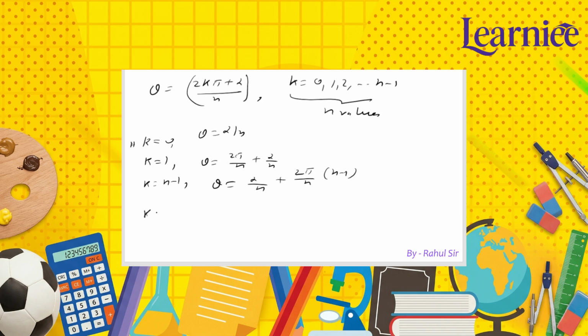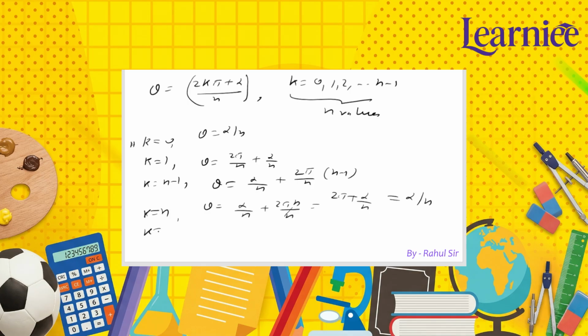When k is equal to n, then theta will be alpha by n plus 2 pi n by n, and n cancels out, so I will get 2 pi plus alpha by n. So it is essentially nothing but alpha by n, as we discussed.